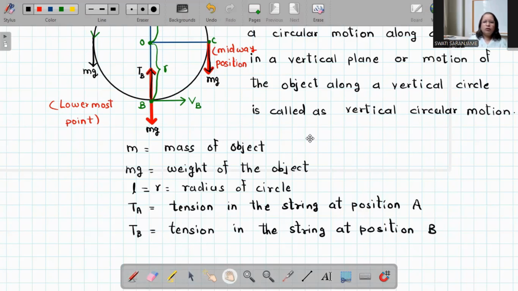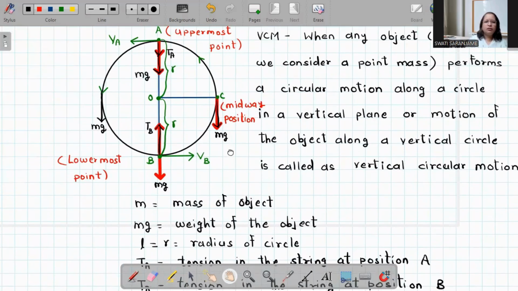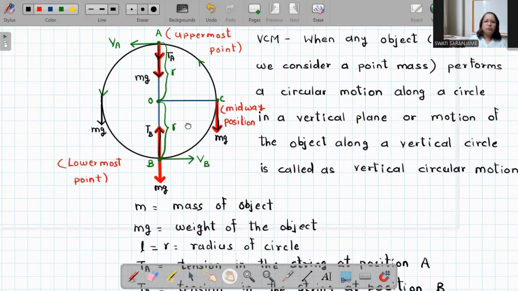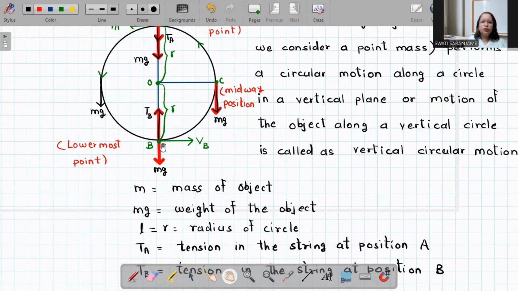Looking at the figure, we observe that TA and weight mg at position A are both in the same direction, along the string but towards the center. And when the object reaches position B, weight mg is in downward direction, but the tension in the string is now in vertically upward direction.